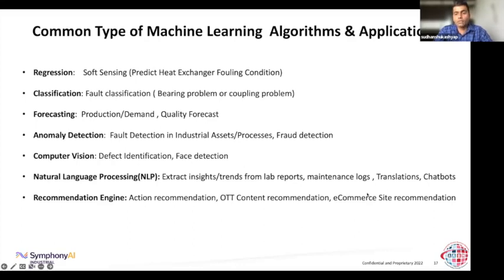Also e-commerce sites keep recommending that you might be interested in these items based on what purchases you are making, what kind of searches you are making on those sites. In the industrial domain, we could utilize these kinds of engines for action recommendations. Say you detect some fault and you want to recommend some action, then a similar system could be deployed to do it.